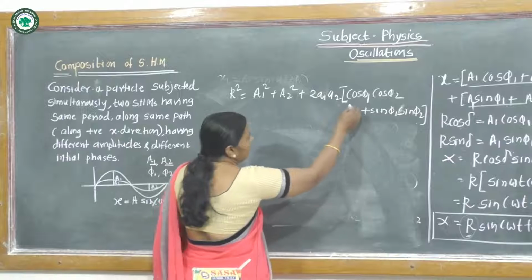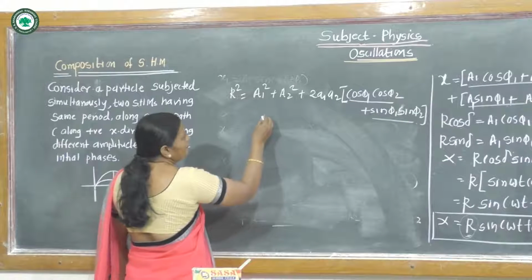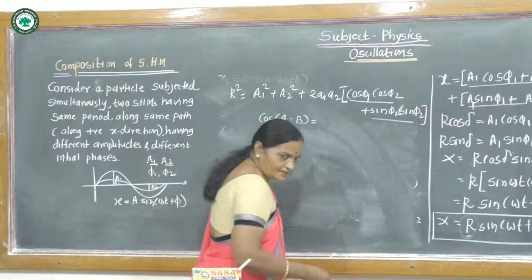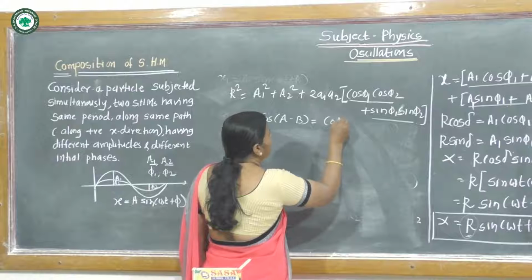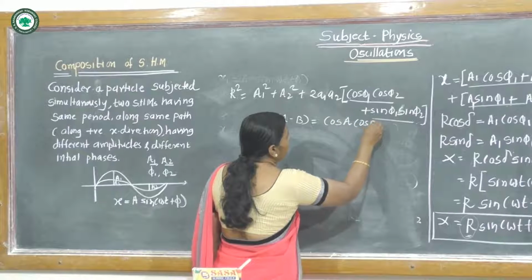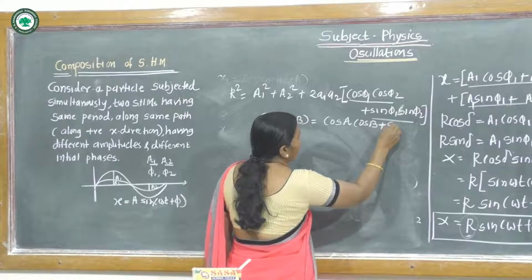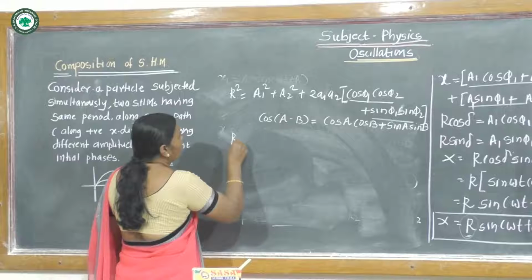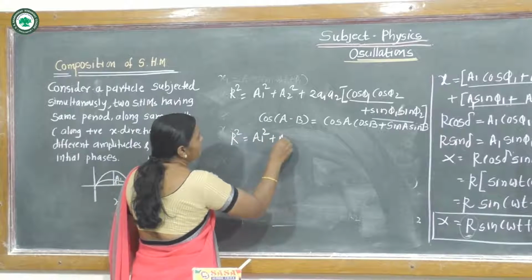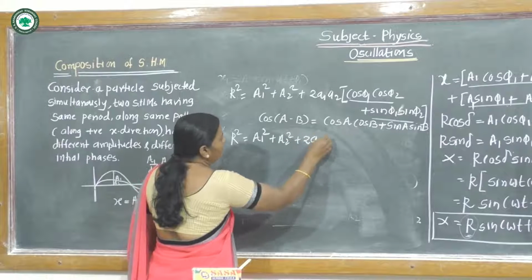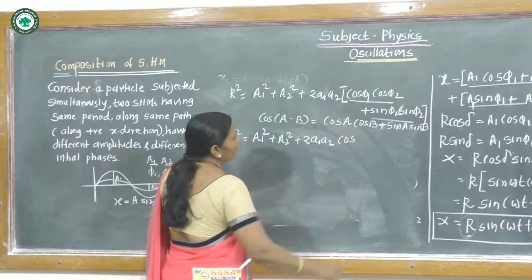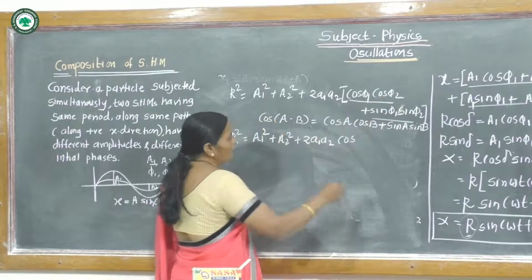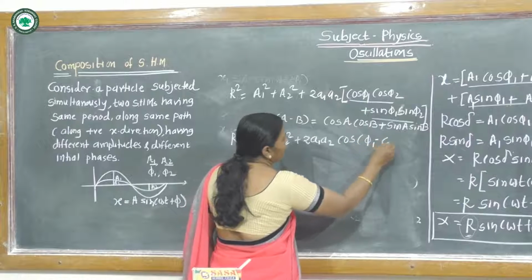Now we use again the formula for cos of A minus B. The trigonometric formula for this is cos A cos B plus sin A sin B. Using this formula we can write R square is equal to A1 square plus A2 square plus 2A1 A2 in the bracket cos of A minus B, here phi 1 minus phi 2.